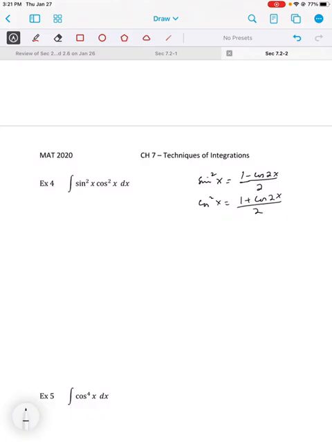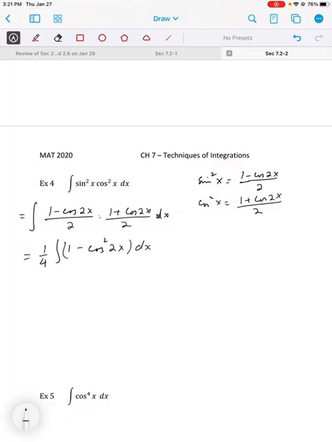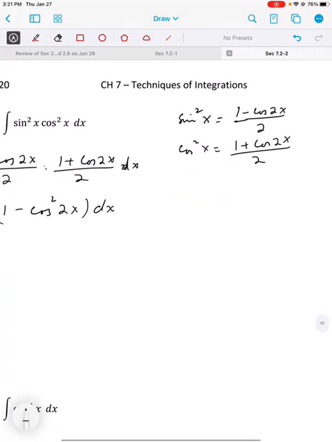So I'm going to substitute here. Multiplying it out, the bottom gives me 1 over 4, and inside I'm getting 1 minus cosine square of 2x dx. Now recall that this formula in general can be expanded.